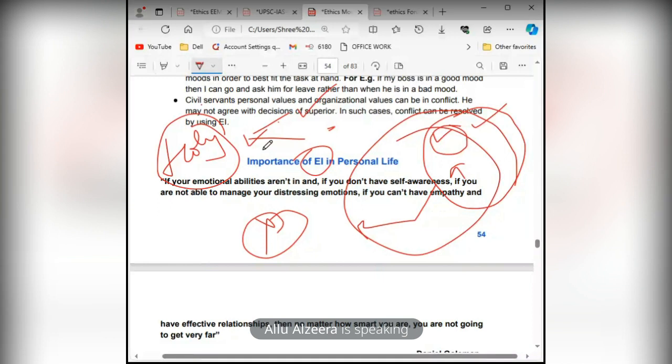For that, emotional intelligence is needed. Good example, Elam.